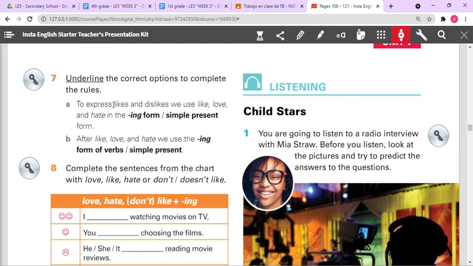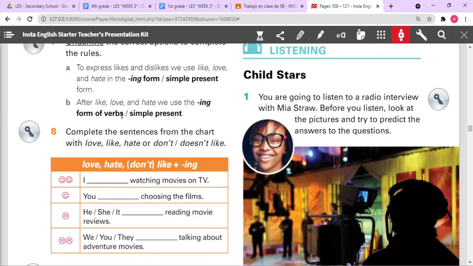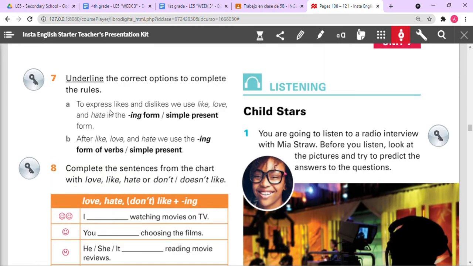Number 7, underline the correct options to complete the rules. Let's see. Letter A. To express likes and dislikes, we use like, love, and hate in the ing form or simple present. Okay.